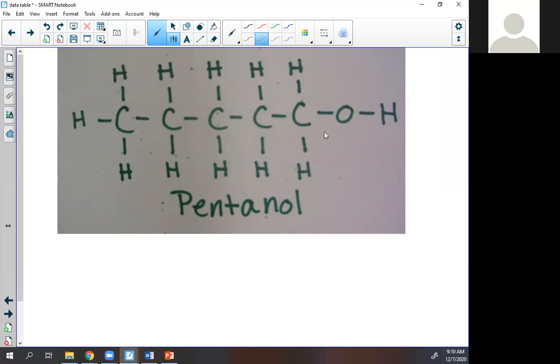Whenever you have more than two types of bonds, because you'll look here, we have C's and H's, we have C to O, we have O to H. We're going to look once again at this part. The majority of this one is C to H bonds, which we've done plenty of times. All right, so this one would be considered nonpolar again, because the overwhelming majority of this molecule is just carbon bonded to hydrogen.